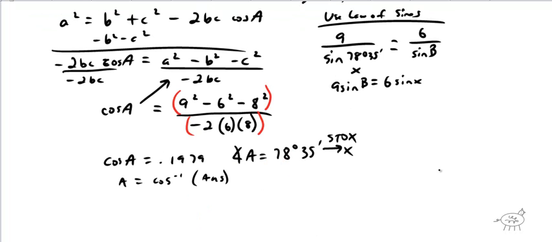Let's move this up here a little bit and then divide both sides by 9. So sine of B, or our favorite Lion King character Simba.